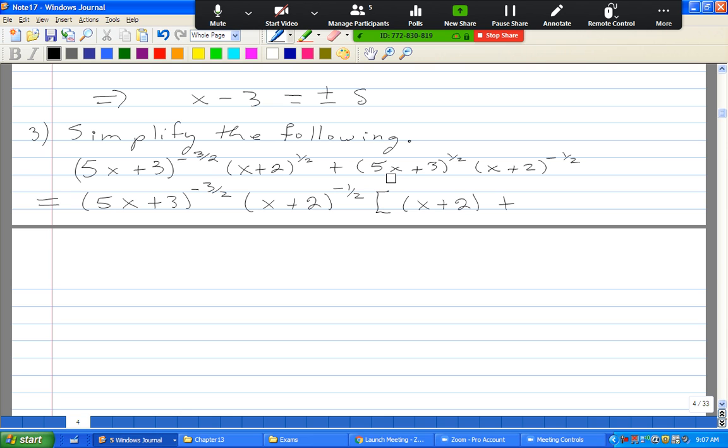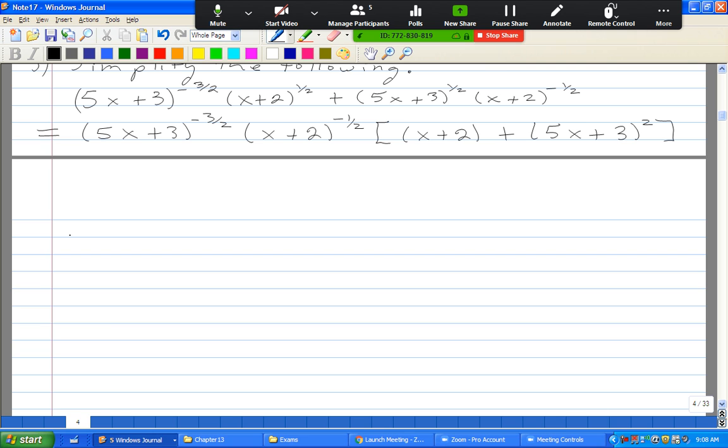Now, 5x plus 3 to the 1 half divided by 5x plus 3 to the negative 3 halves, same as, I have the same base, so I subtract exponents. 1 half minus 3 halves, same as multiplying 1 half, same as adding 1 half plus 3 halves, 4 halves, which is to the power 2. The x plus 2 to the negative 1 halves cancel.